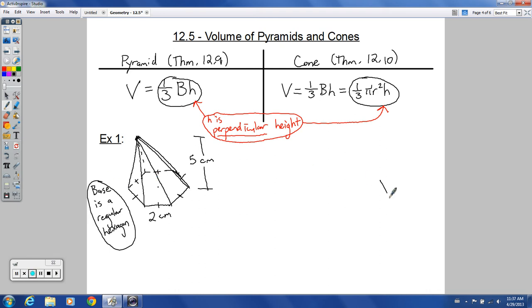And because that's the case, let's draw a hexagon over here. So if we were looking at it straight on, base being a regular hexagon, we could split this up into 6 triangles. And the nice shortcut with hexagons is that we know they're all equilateral triangles. And so we have 6 equilateral triangles.